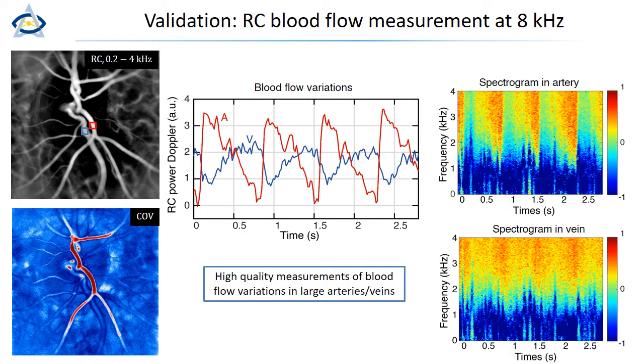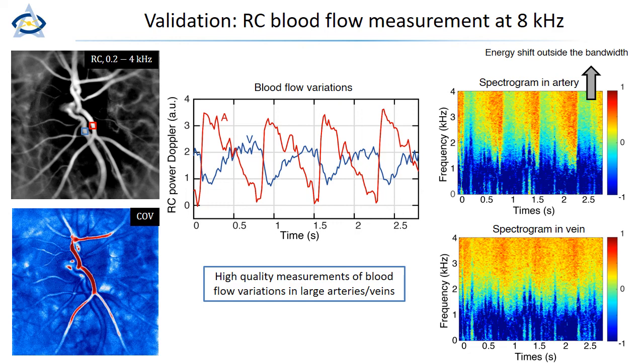And that can be understood, remember, by the depletion of energy that we can still observe on these spectrograms that are plotted for this data for the same regions of interest. You see that over the course of the cardiac cycle, during the systolic peak, the energy is shifted outside the camera bandwidth. Now we can only access the 0 to 4 kilohertz range.